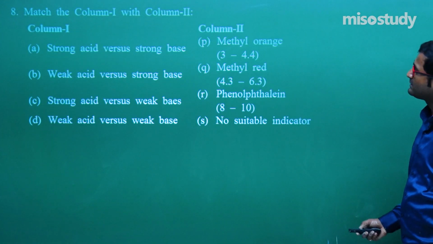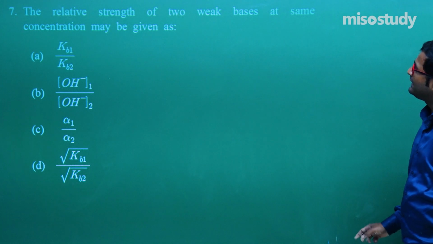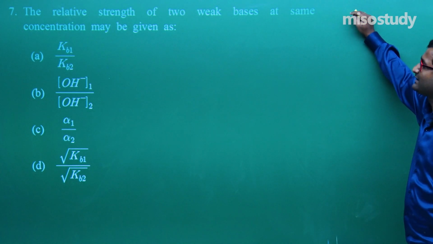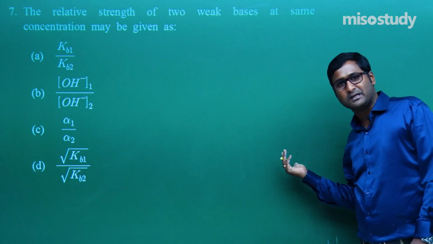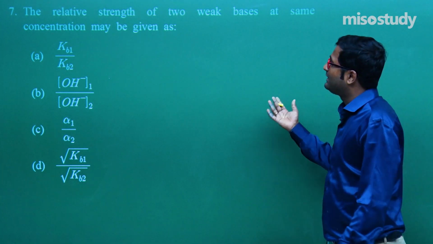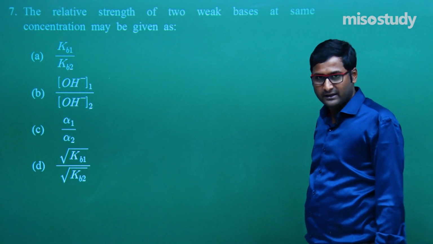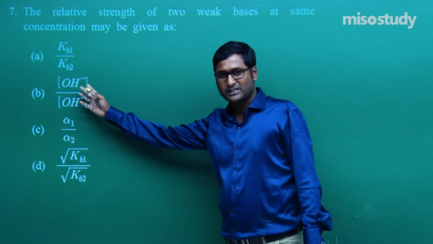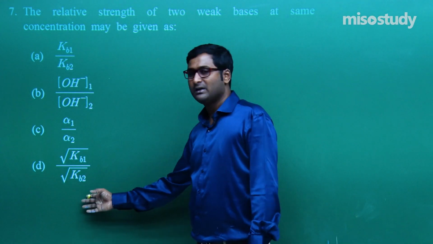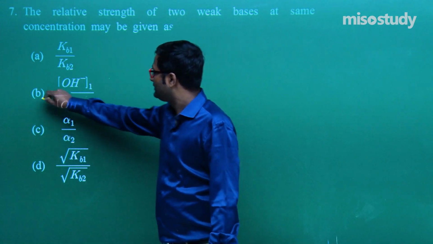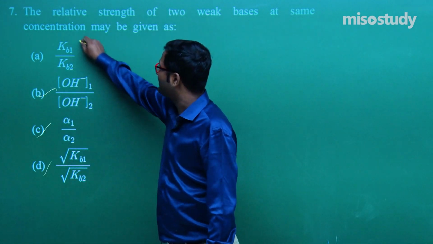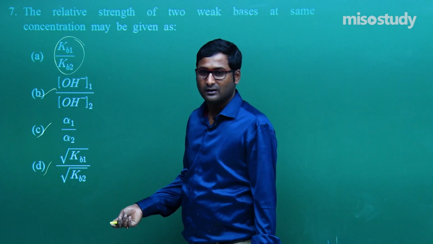Now question number 7. The relative strength of two weak bases at the same concentration may be given by. We all know this is a simple question. You can easily assume relative strength in terms of alpha and alpha 2, in terms of OH ion concentration, in terms of the equilibrium constant of the base. So this one and this one, and definitely this one is not correct. Clear?